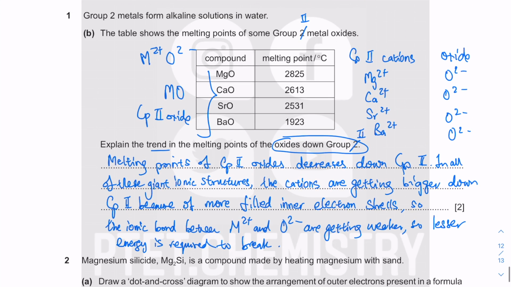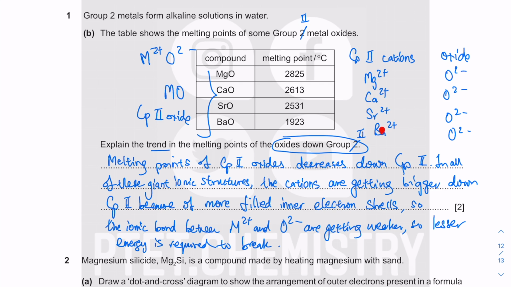Here it's not really enough just to talk about a giant ionic structure and breaking strong ionic bonds, because all of these are ionic bonds. This question is really asking you to compare the strength of the ionic bond. Think: the anion is the same, the cation charge is the same. Unlike the previous question, where you have different charges on the cation and anion, here the only thing that is different is the cation itself.